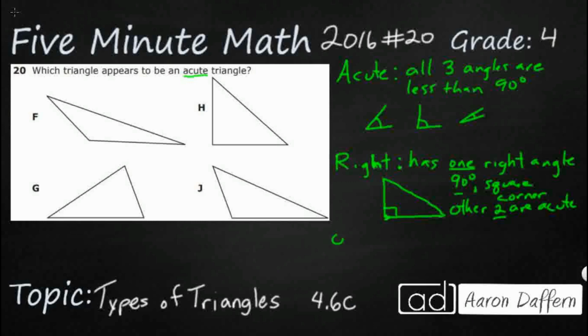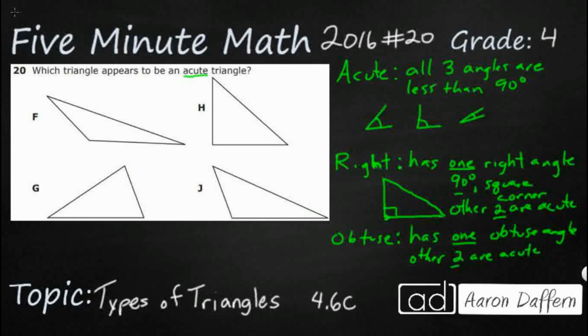And then there's the obtuse. That's the third one. So obtuse is going to be kind of like the right. It's going to have one, but instead of a right angle, it's going to have one obtuse angle. And then like the right, the other two are acute. It's impossible to draw a triangle with more than one obtuse angle.